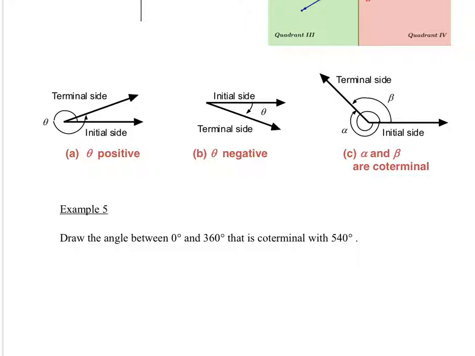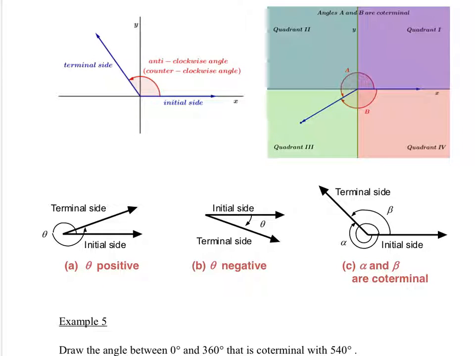It's not just those. It's not just going in different directions that can give us coterminal angles. It's also possible to end up with coterminal angles by having angles that are more than 360 degrees. Just look at this example down here. You can go from this initial side to this terminal side by doing just this angle here.